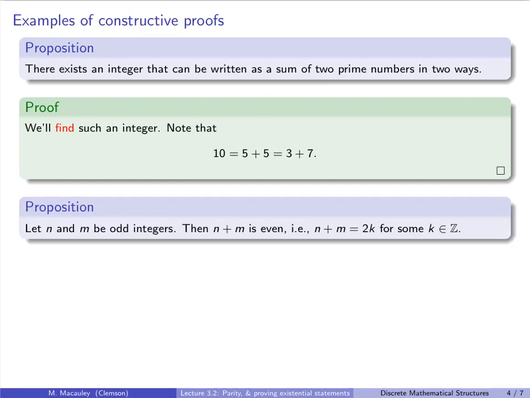Our next example is a little bit harder, but not too much. This says, if n and m are odd integers, then n plus m is even. In other words, n plus m equals 2k for some integer k. So this can be phrased as an existential statement, because here I am saying there exists an integer k such that n plus m equals 2k.